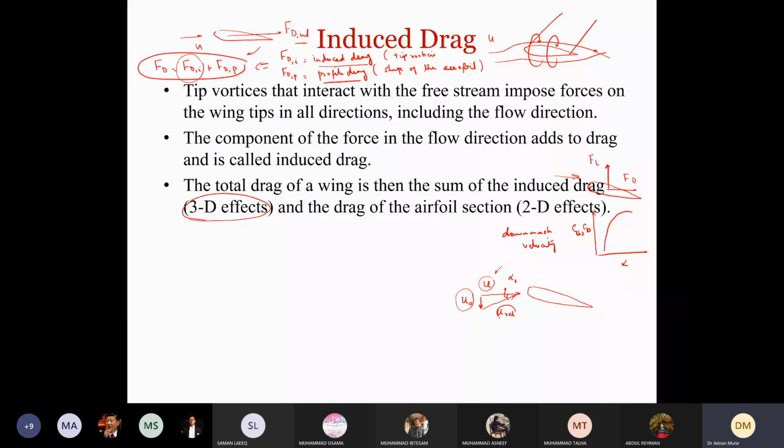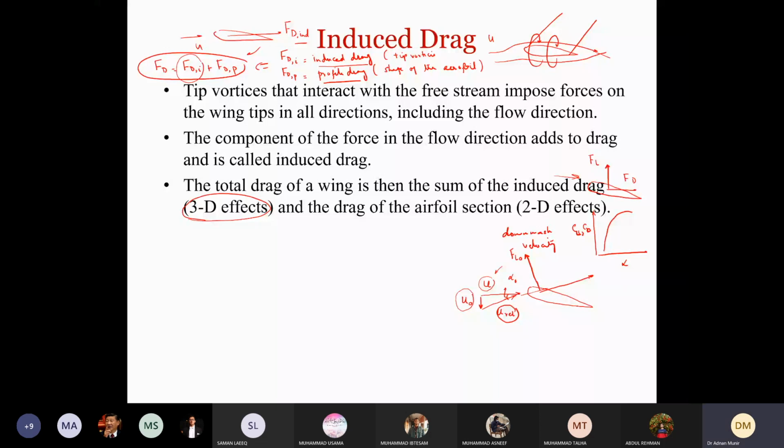So I can say that the resultant force on this aircraft will be in the direction of U relative, right? So it will have lift force perpendicular to this, which we call F L naught, like this.